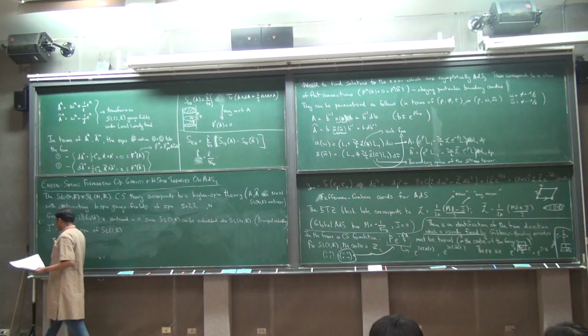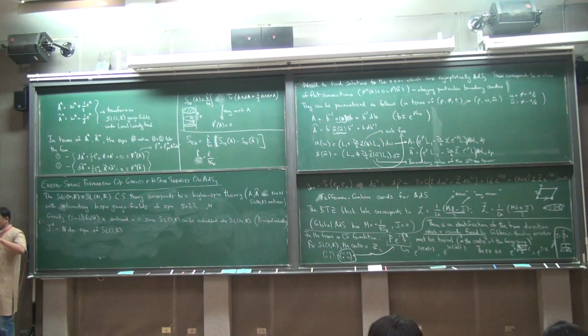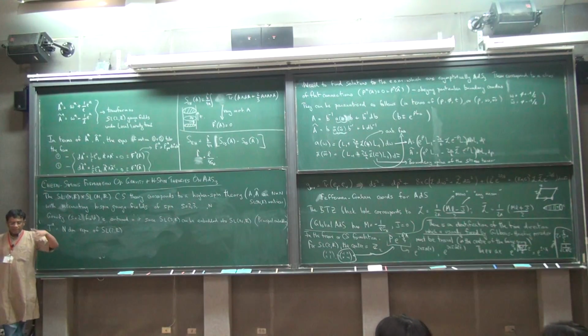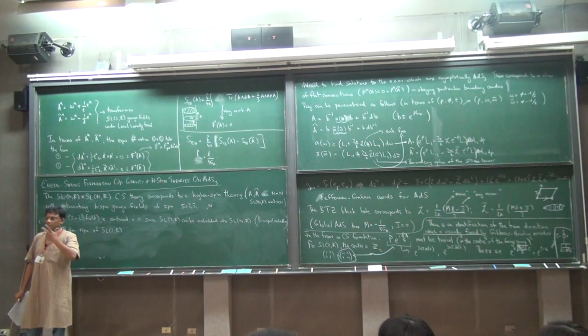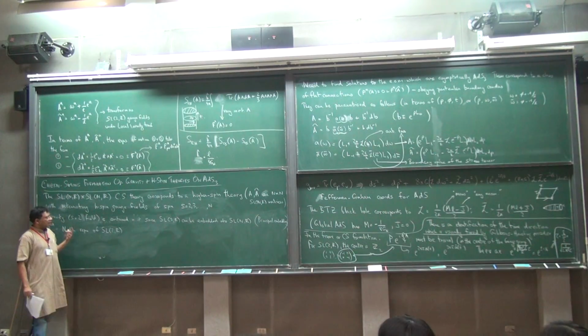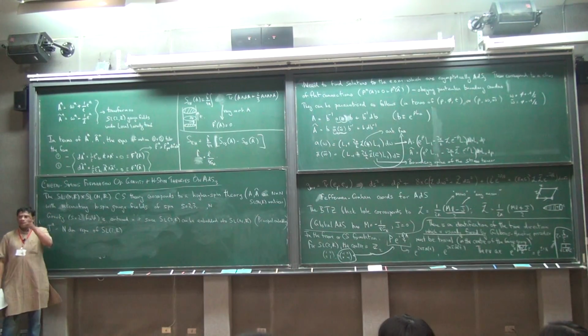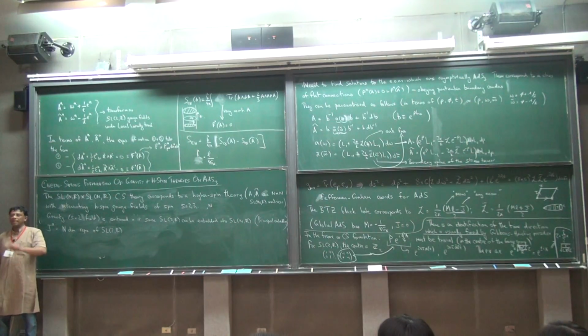So just like SL2R is SO(2,1), for many purposes SO(2,1) is very similar to SO(3), which you're familiar with as the rotation matrices. So these J's are essentially like the rotation matrices, except there are some additional i's because of the SO(2,1).